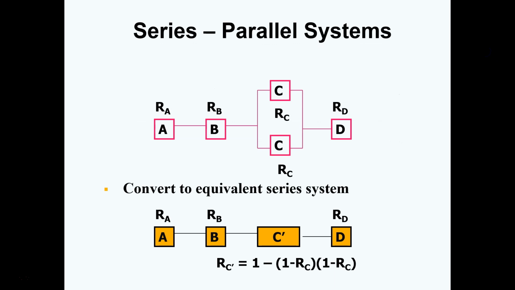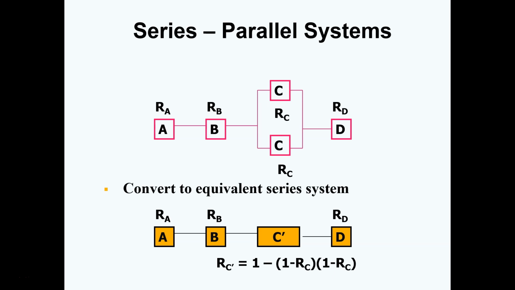The example in this figure shows a combination of series and parallel components. The C component can be replaced by one reliability through the redundancy approach. So we added another C, another component similar to C. In case the C component that we have fails, another C component is there, standby and redundant, to take over and continue operation.